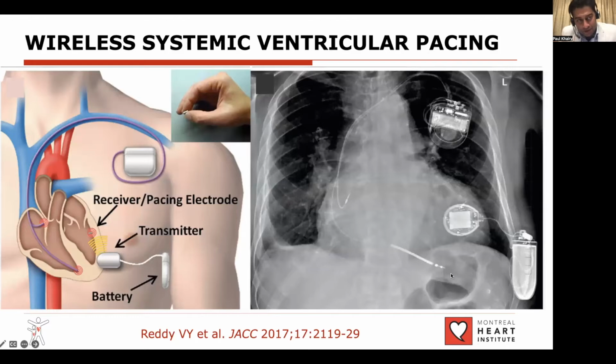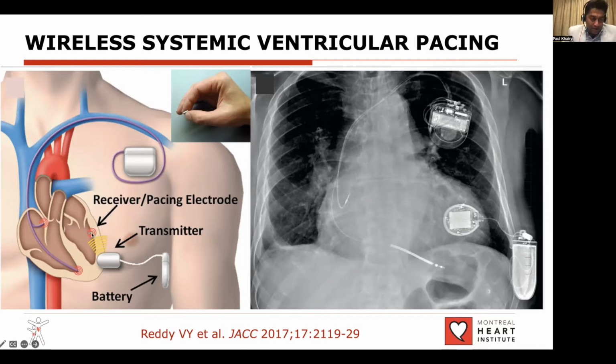Now, you're all probably familiar as well with this newer wireless systemic ventricular pacing system, where a small tic-tac-like device that's a receiver pacing electrode is placed through a retrograde aortic approach and into the systemic ventricle. So it's endocardial pacing in the systemic ventricle, but without a lead actually in place.